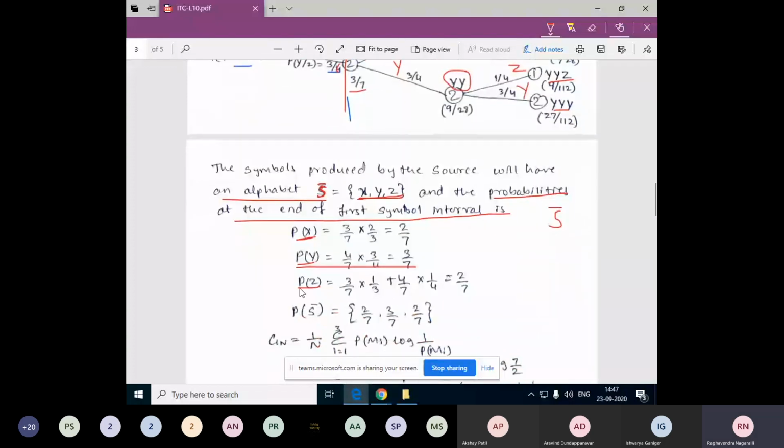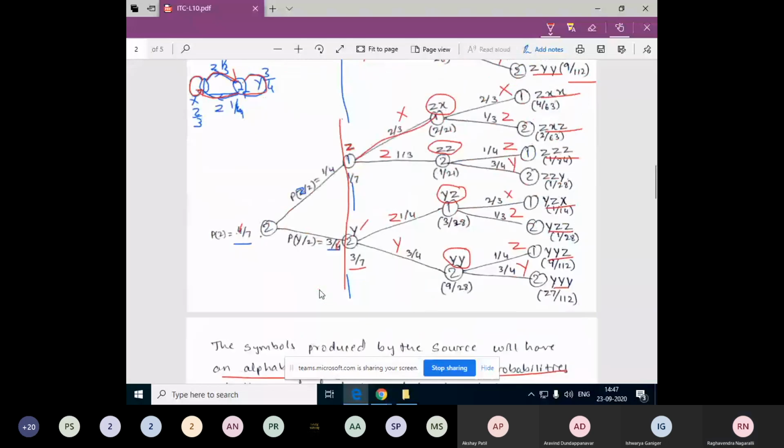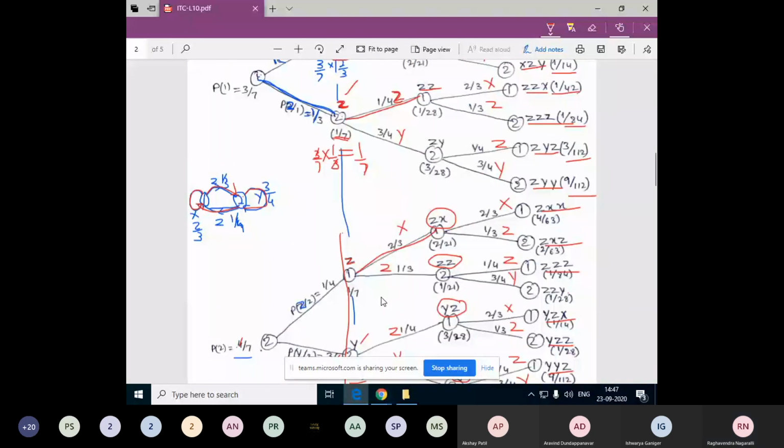Similarly, P of Z. Here the Z symbol has been emitted by the source two times, so we need to consider both of them. Let's consider the first one: 3 by 7 into 1 by 3 is the probability of this Z emission.